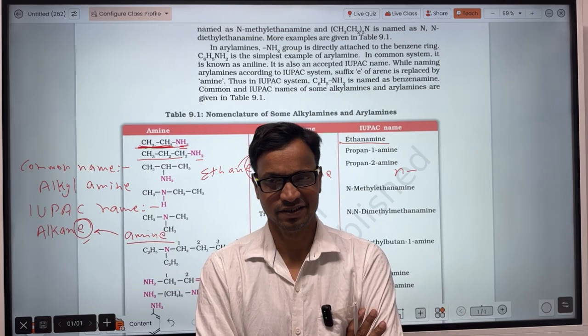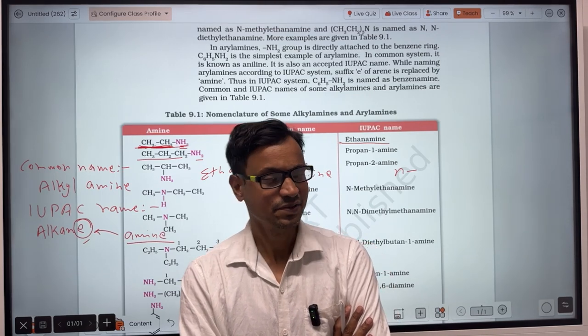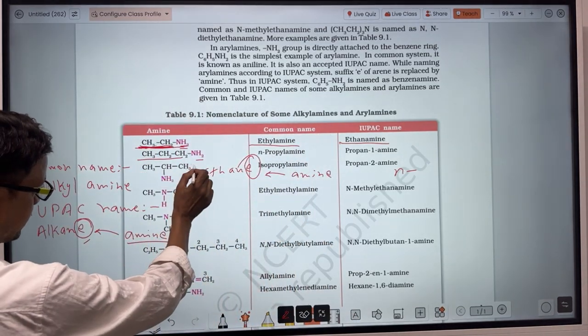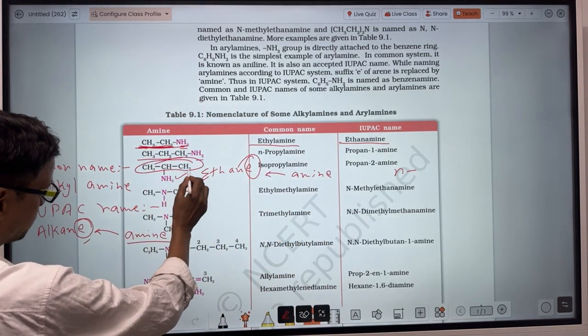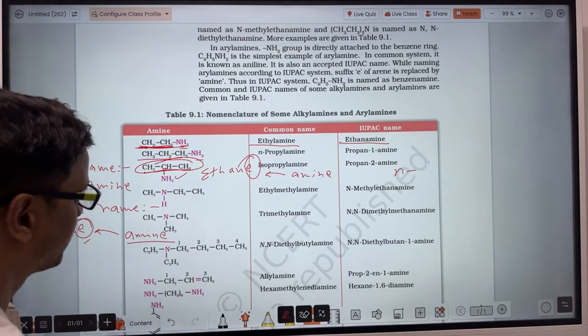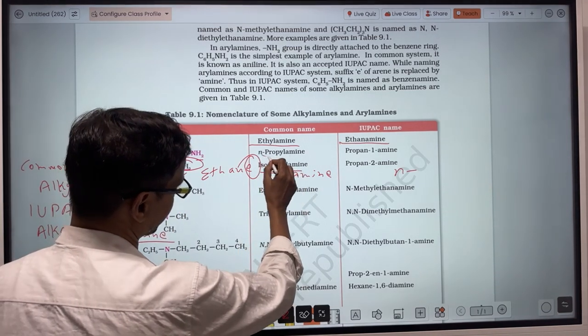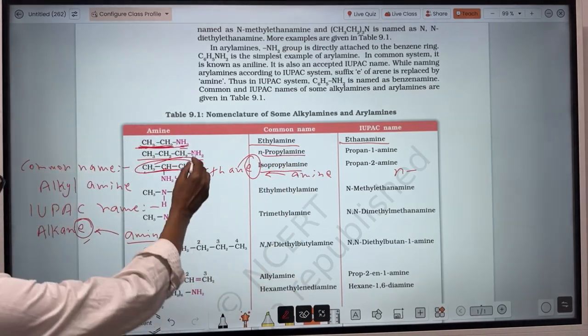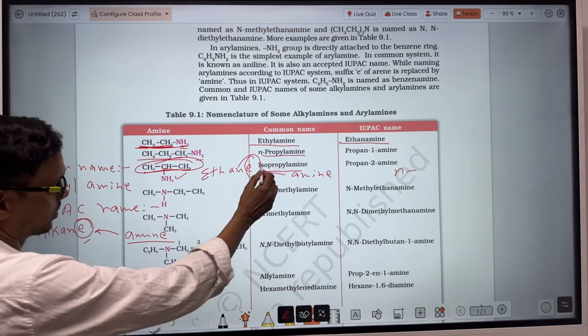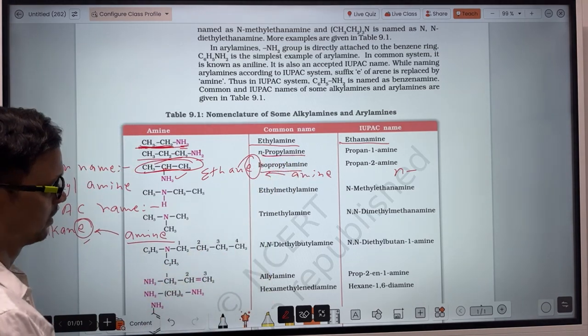If it is secondary, then that will be called iso. So let's see here. In this case, the amino group is bonded to the secondary carbon atom of propane. So that's why it is called isopropyl amine. Here it is called n-propyl amine because the amino group is bonded to the 1-degree carbon atom. So that's why the compound will be called n-propyl amine.